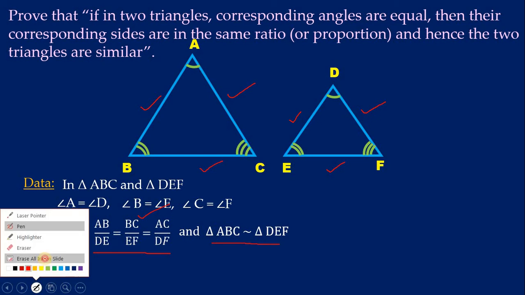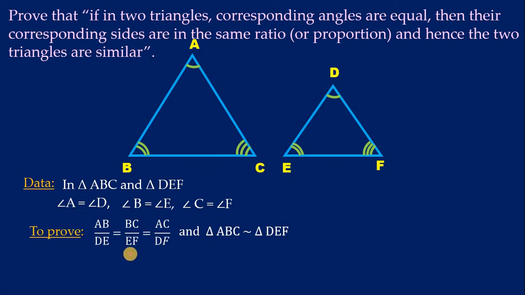Next, let us move on to the construction. Look at the figure, children. Mark point G on the side AB and mark point H on the side AC. How you have to mark these points is, however much length DE is, so much length AG should have.